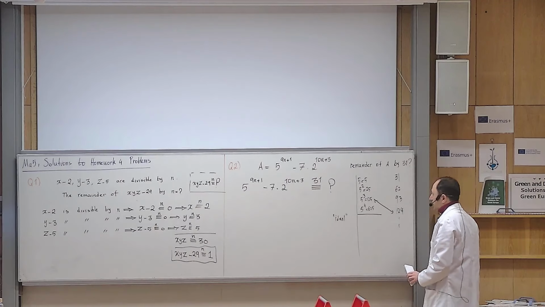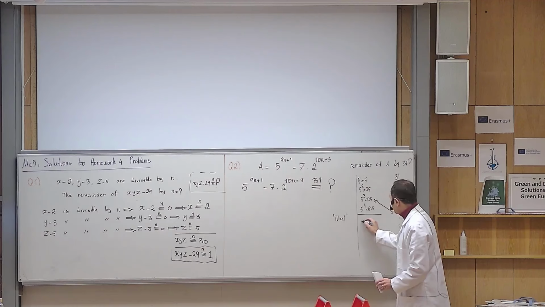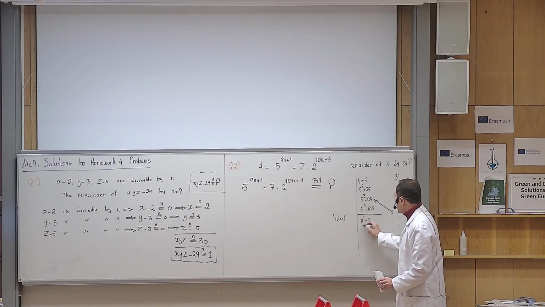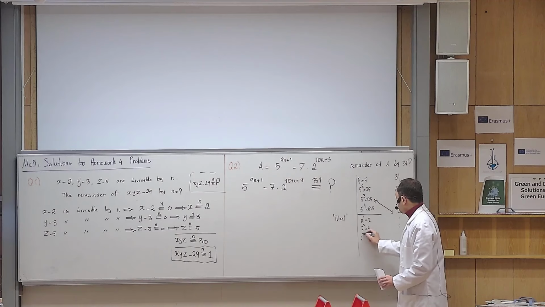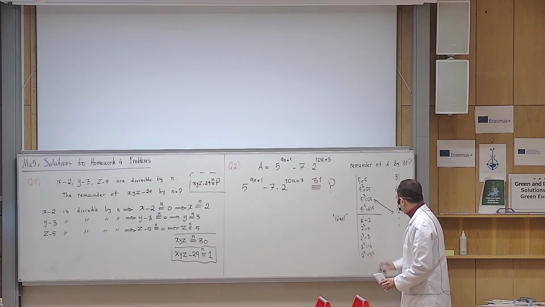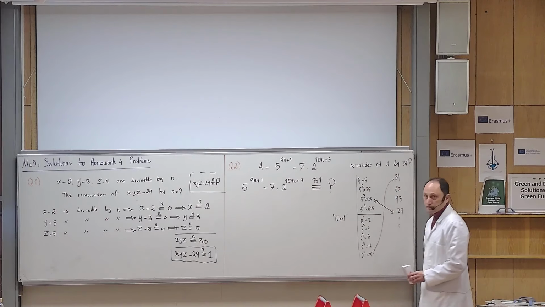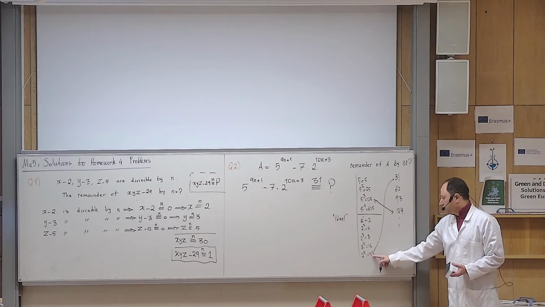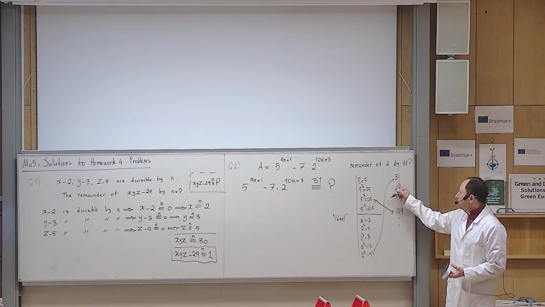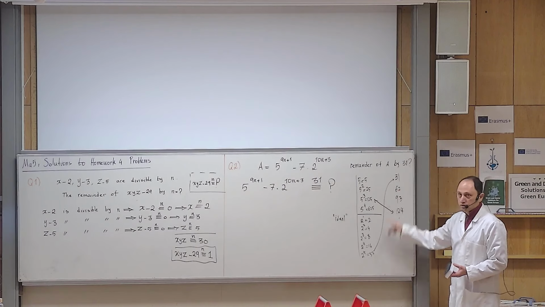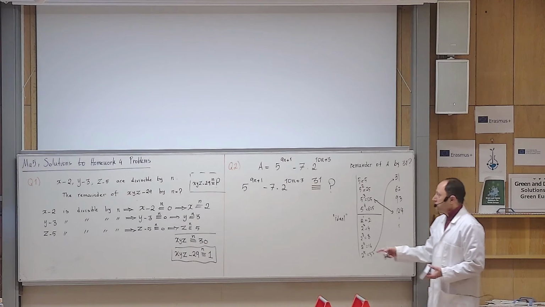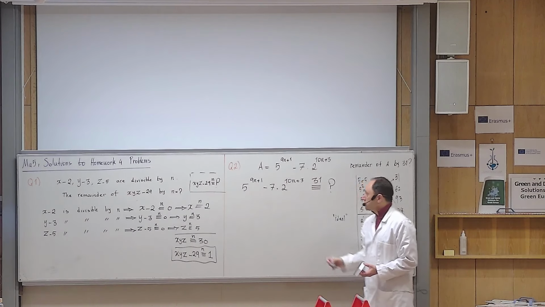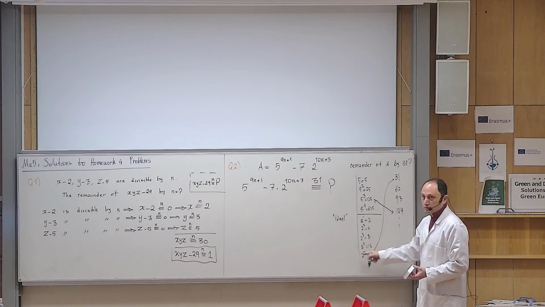The list is the same, but this time I write powers of 2. 2 to power 1 is 2, 2 to power 2 is 4, 2 to power 3 is 8, 2 to power 4 is 16, 2 to power 5 is 32. And then again, you get your ideal case. Because now the fifth power of 2 is 32, and it differs from the first multiple of 31 just by 1 unit. So it also motivates me which power to start with for 2, 2 to power 5.